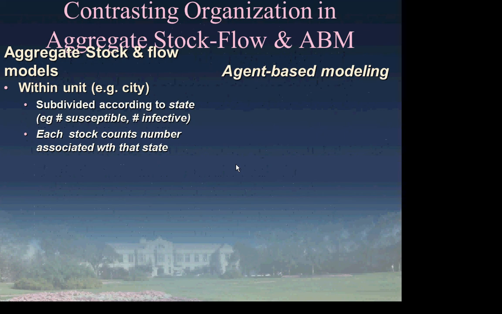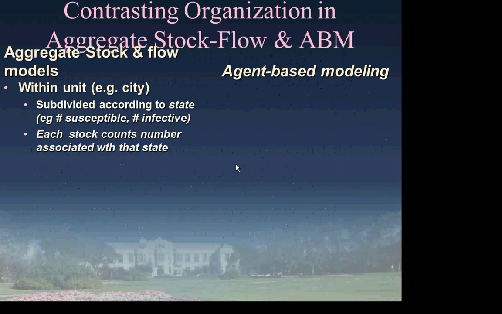So this is a slide I showed earlier, I think, but it's something worth reflecting on. So we've seen quite a bit of aggregate stock and flow models. Here, let me make a high-level statement, and I really want you to remember this, okay? This is very important. So aggregate models, stock and flow models, are organized according to state, okay?